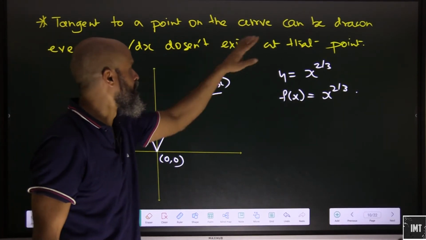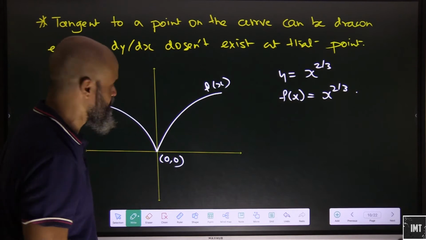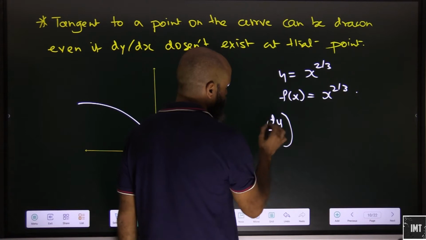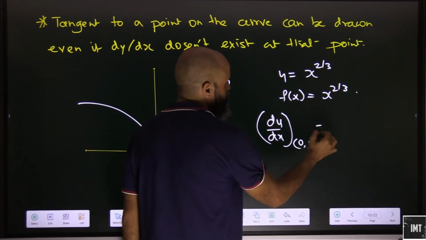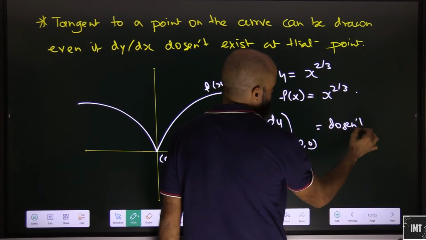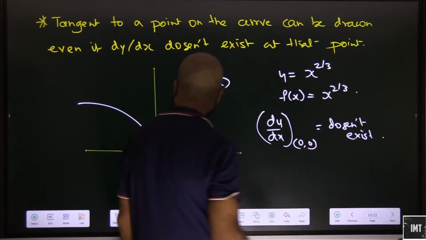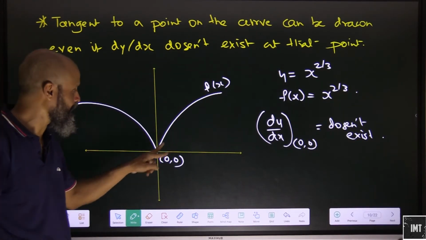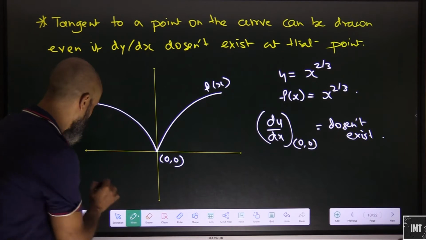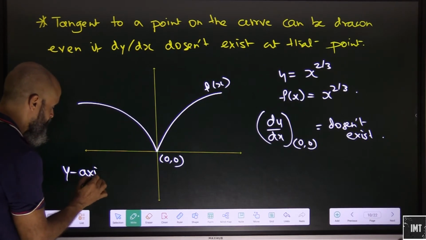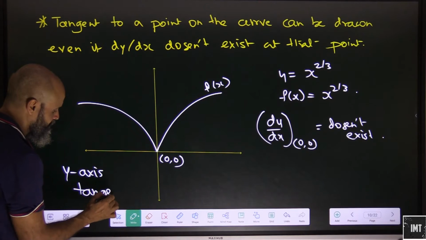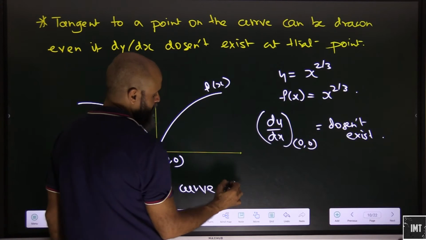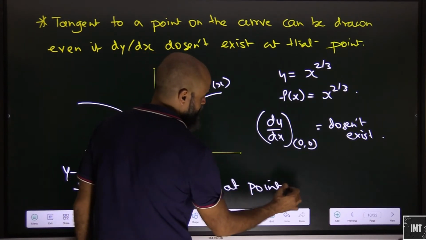A tangent to a point on the curve can be drawn even if dy/dx doesn't exist. For this point, dy/dx at the point (0, 0) obviously does not exist. But still, if we notice, the y-axis is basically tangent to the curve at point (0, 0).